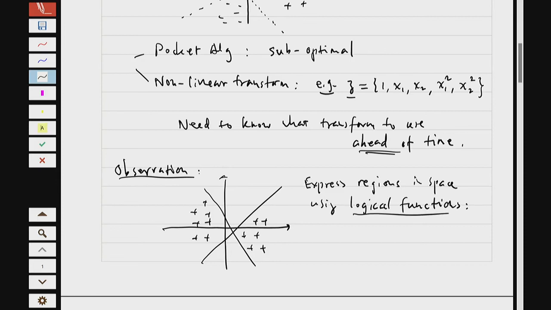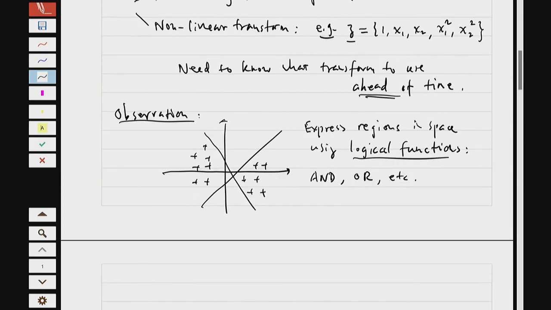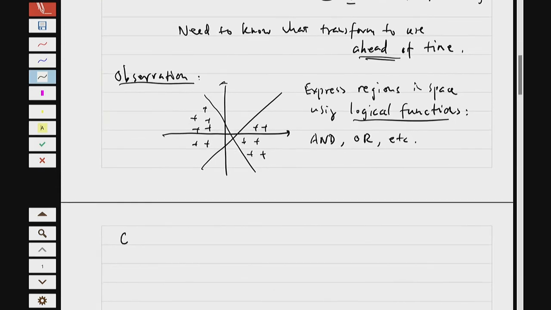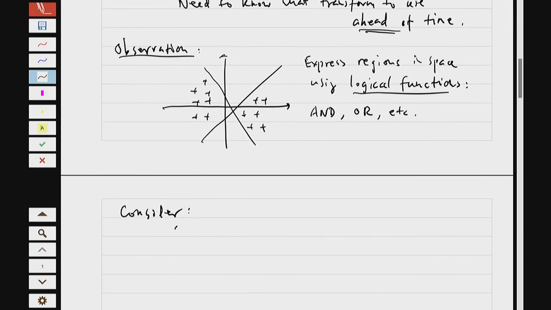Things that you have seen before, the AND function, the OR function, and so on. Those are the logical functions. In particular, let's consider the following common ones. y1 is, let's say, the OR of h1, h2. What they are, we're going to worry about later.